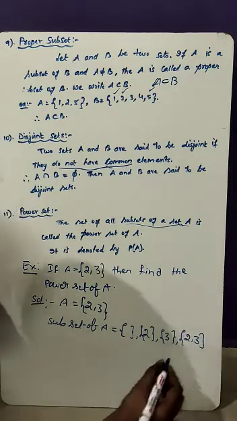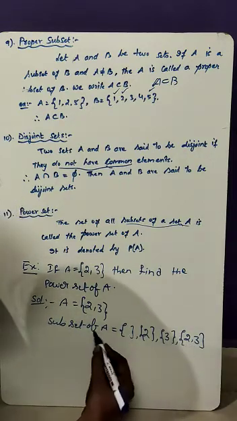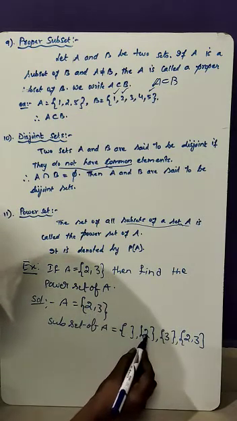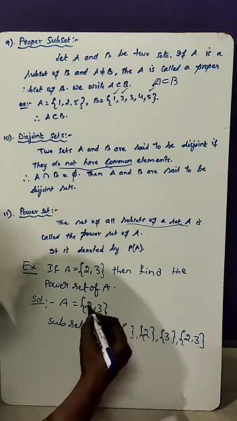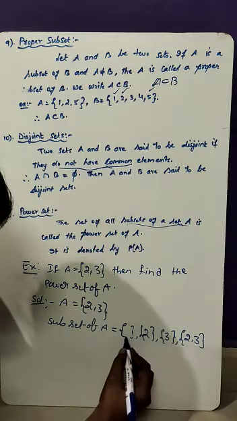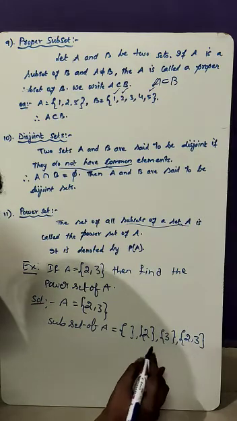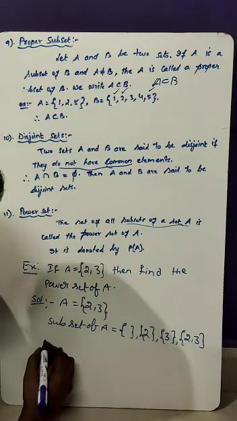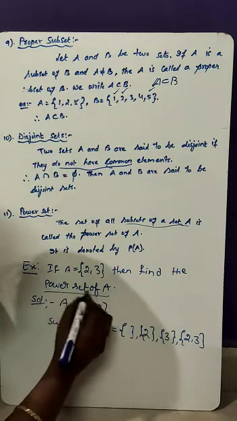These are the subsets of A. First the empty set, next the first element and the second element, and last you write the two elements together. Write the subsets of A first, and then you can find the power set of A.